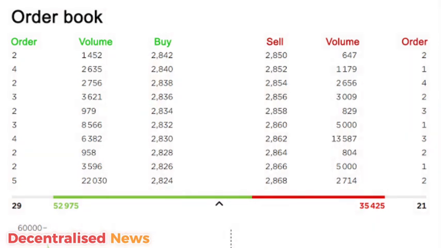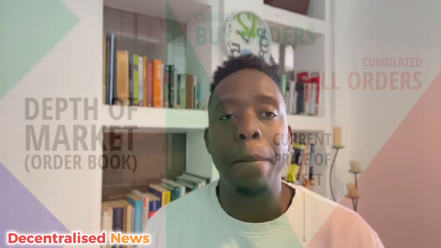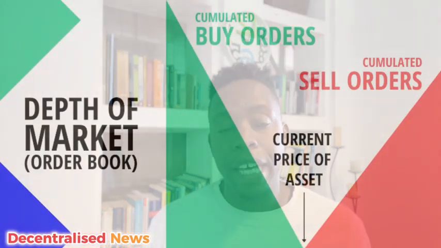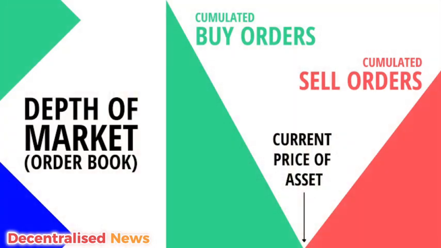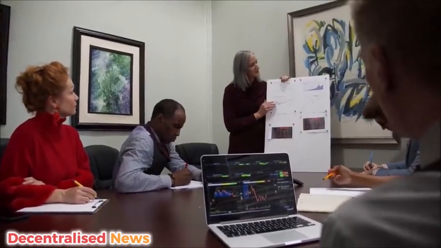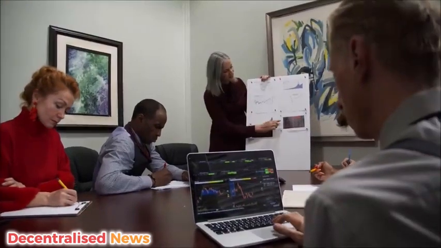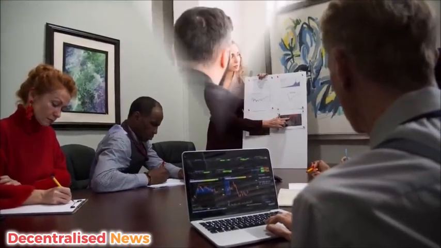Order depth is the number of buy and sell orders at each of those price levels that reflect the liquidity of that particular asset. Analyzing this data can provide insights into market sentiment, potential price movements, and liquidity conditions.